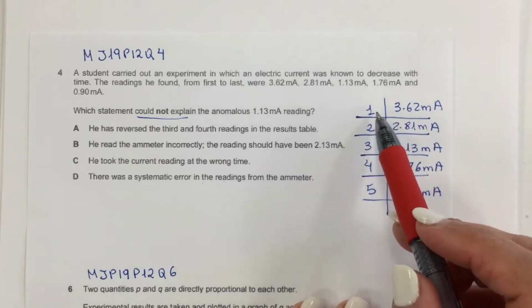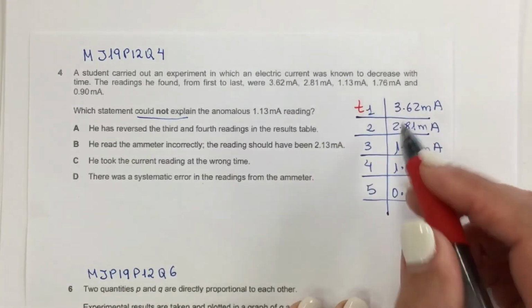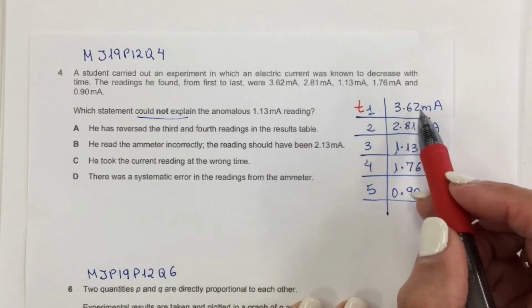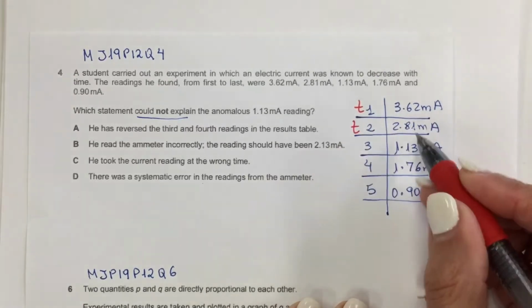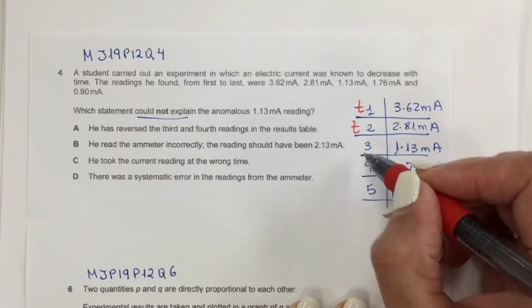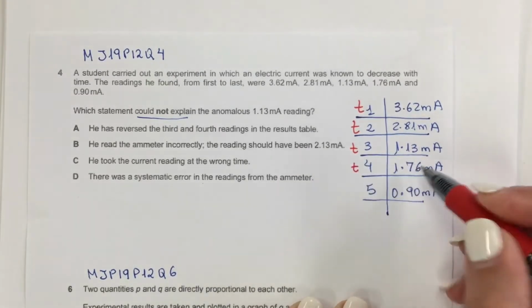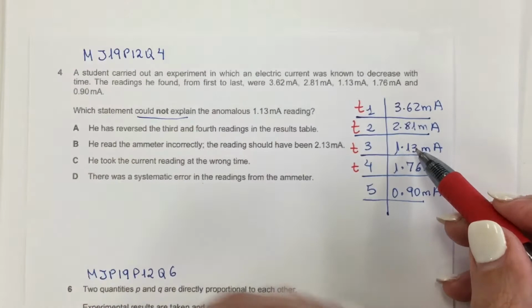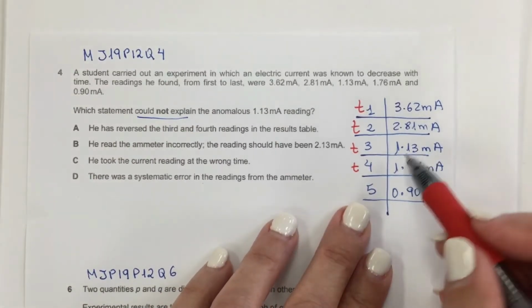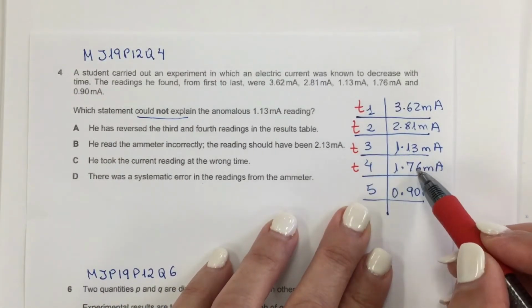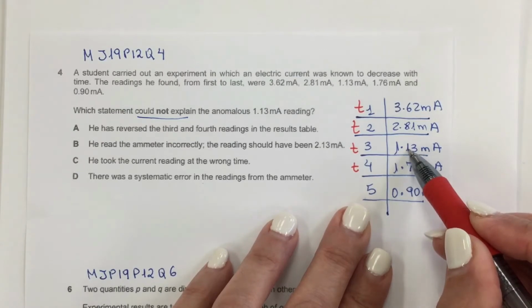He starts with time 1, the current that is higher than time 2, and then is higher than time 3. And then we have here something that is not following the trend. The time 4 is greater than time 3.